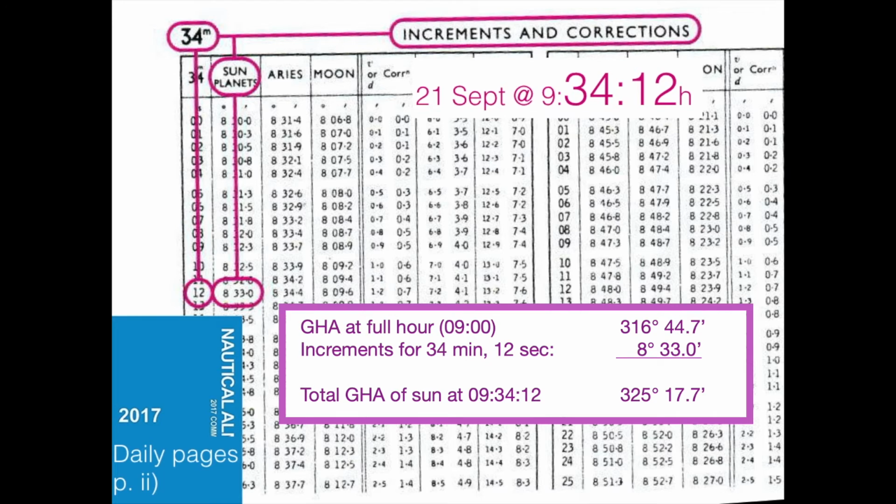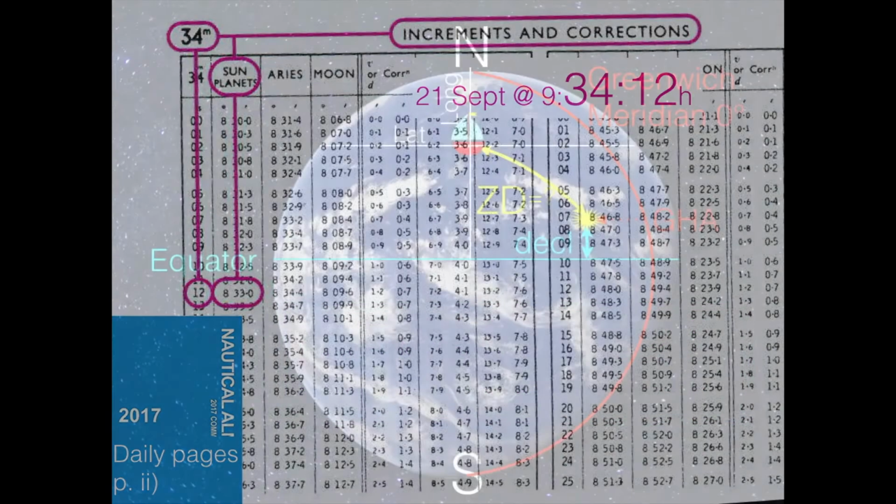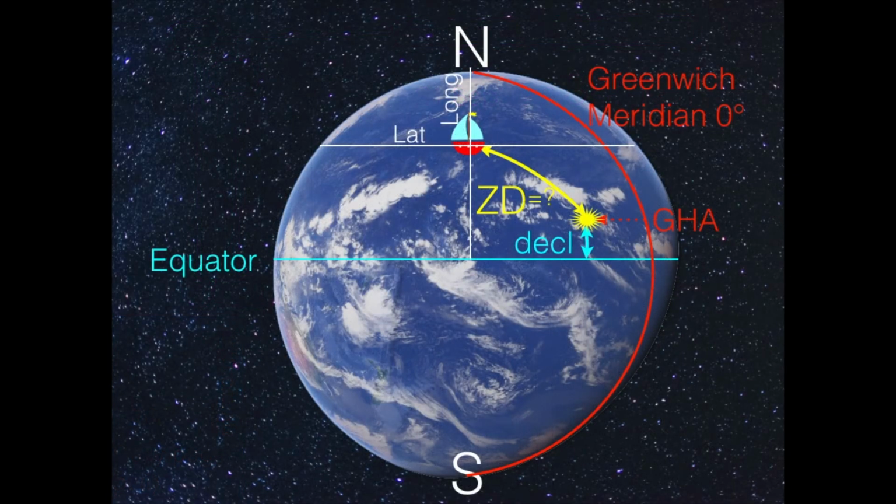So these two figures we have to add, and then we know exactly what is the Greenwich hour angle of the sun. So when we've done that, we go back to our picture. We know what the declination is and what the Greenwich hour angle is of our celestial body, the sun in this case.